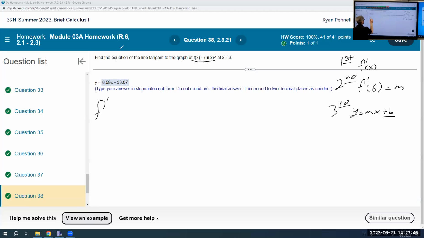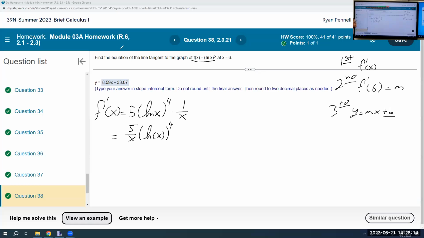So what is f prime of x? Well, that's going to be 5 ln x to the fourth times 1 over x by chain rule. That's 5 over x times ln x to the fourth.